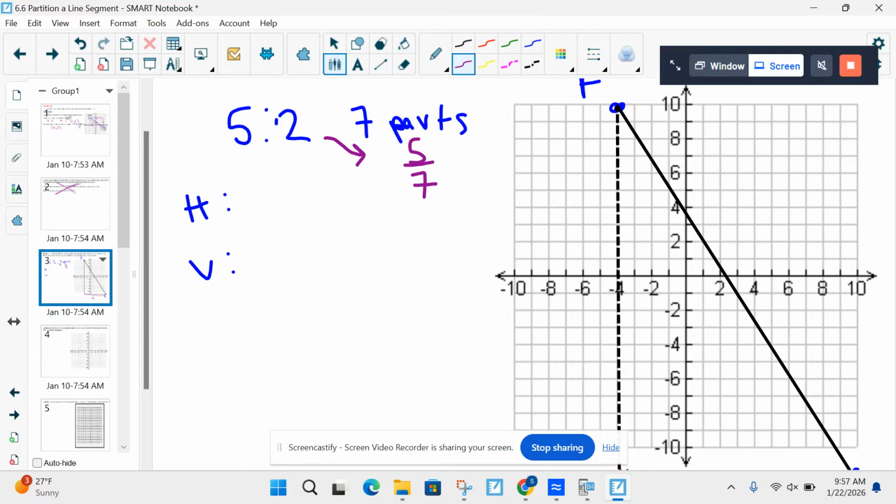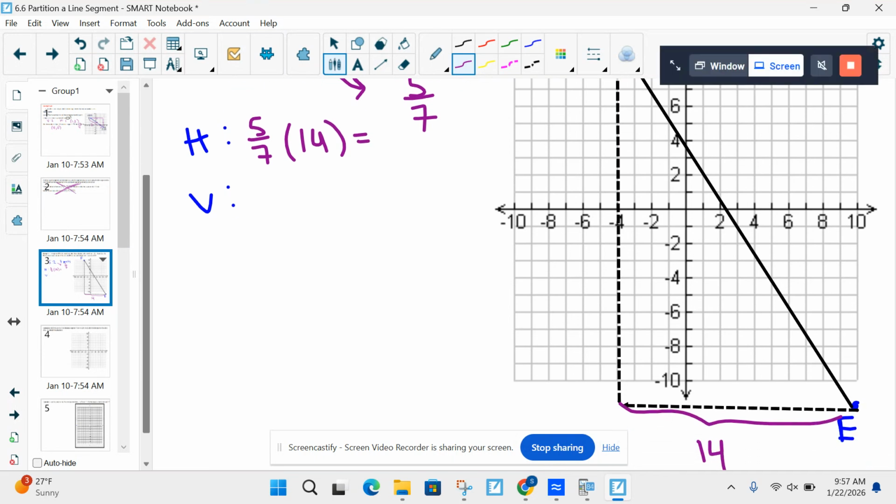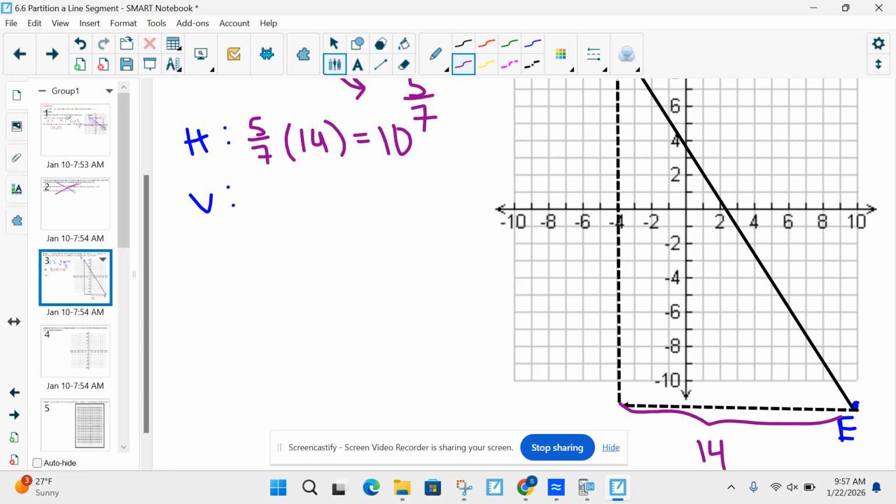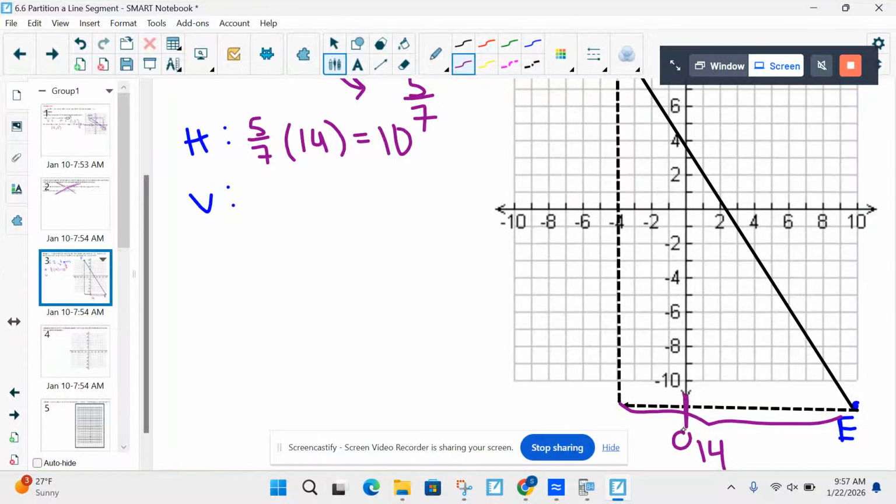So the point will be 5/7 of the way from E to F. So what is 5/7 of 14? 10. That means our point will be 10 units over from E. So if I go 10 units over from point E, we will be at 0. So I'm going to just say x equals 0. That's the x coordinate.